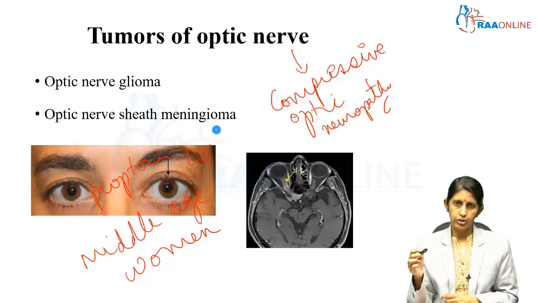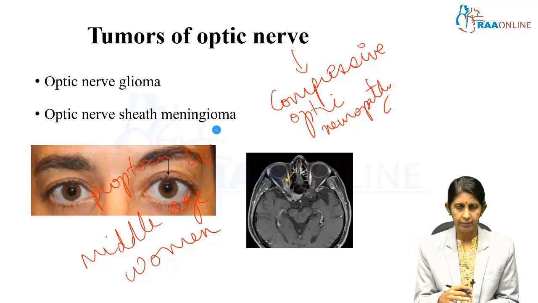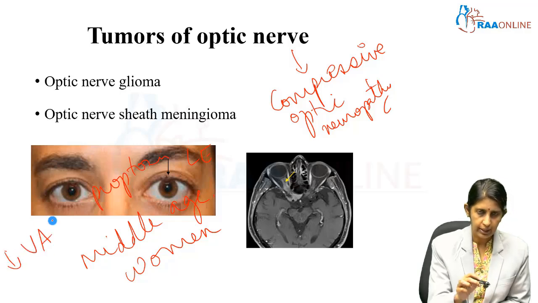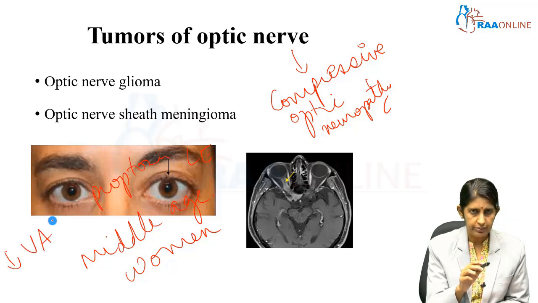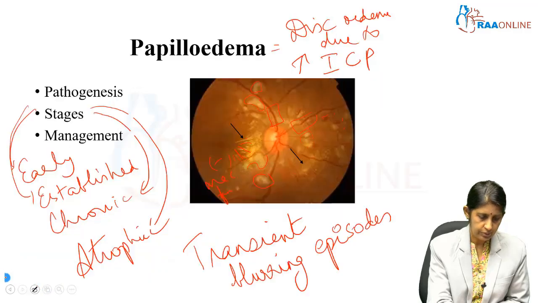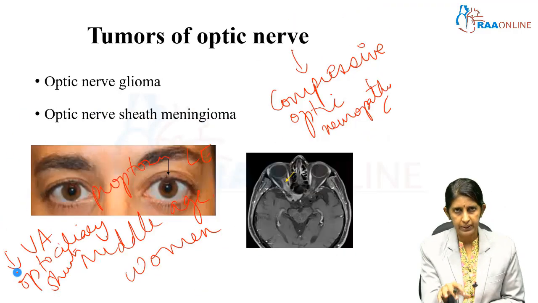Now, a patient who has optic nerve sheath meningioma can have, along with proptosis, some other features. So they can have decreased visual acuity, and they also have something very important which is called optociliary shunts. Optociliary shunts are one of the classical features of optic nerve sheath meningioma.